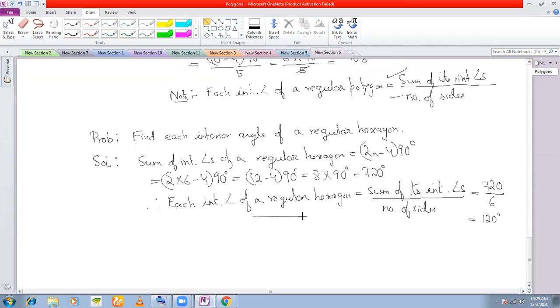Say if you have a regular hexagon like this, in which obviously all the sides are equal, then each interior angle I can say is 120 degrees. All of this is 120 degrees.